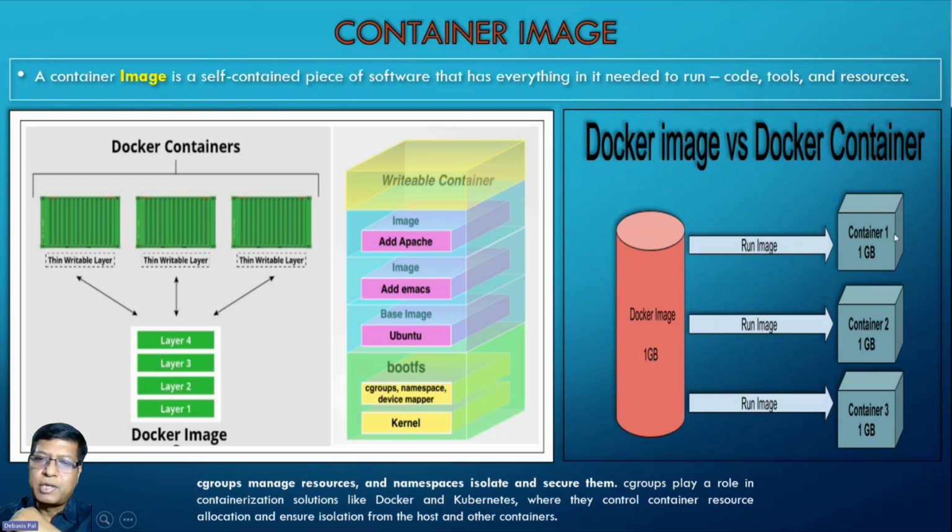So once I put an image inside a container, let's say I have this Java application, which is created as an image, and I have stored it in my Docker repository, or in my private account of the Docker repository. And I'm putting it inside this container. I can have the same image put into multiple containers. So I can have this Java application in this container, and this container. The size is 1 GB.